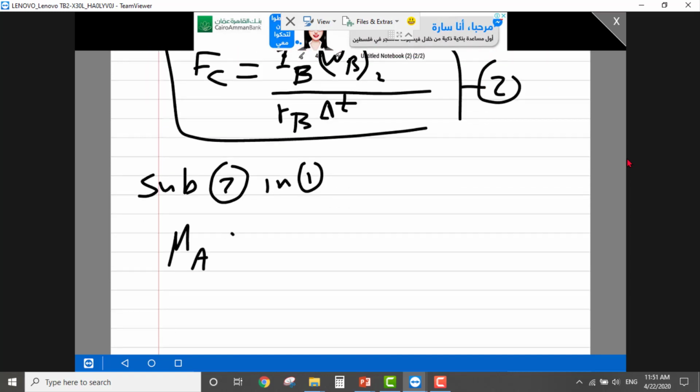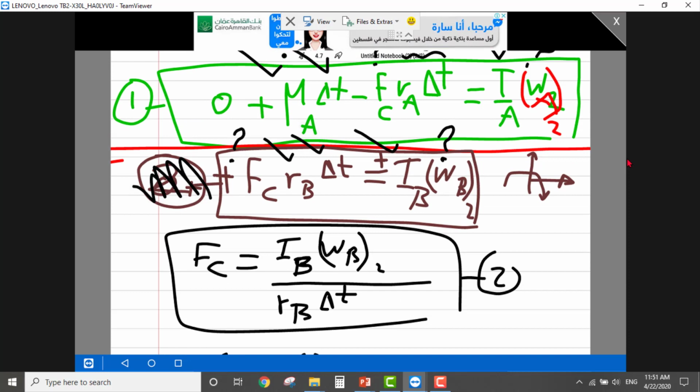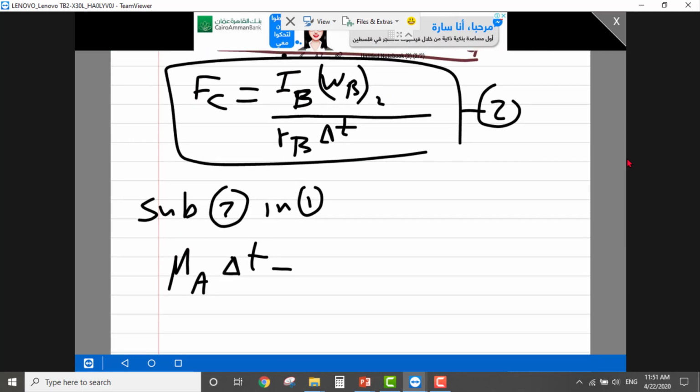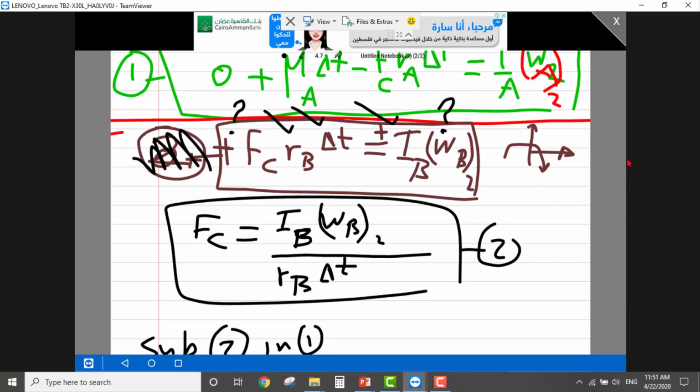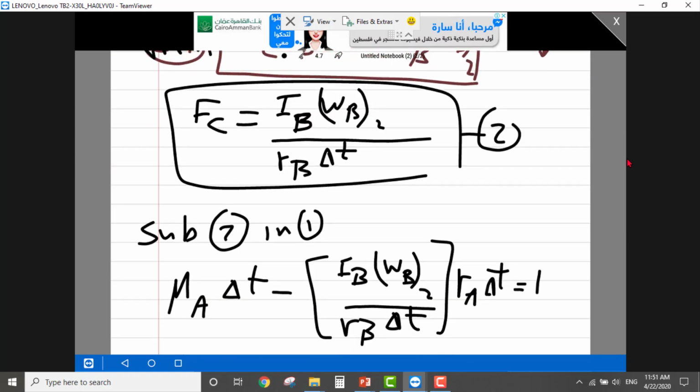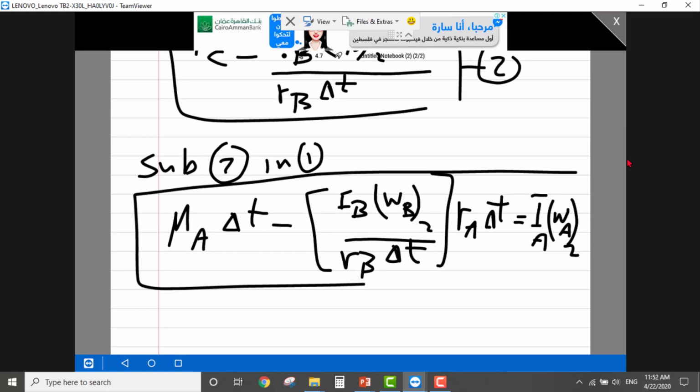MA delta T minus FC RA delta T. So instead of FC, I will write IB omega B2, which is needed, divided by RB delta T, multiplied by RA delta T from the first equation, and this is equal to IA omega A at state 2. Now I will name this equation number 3.